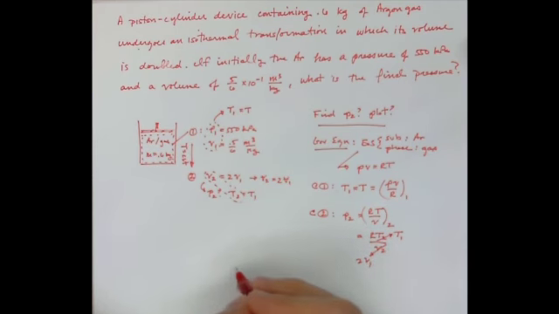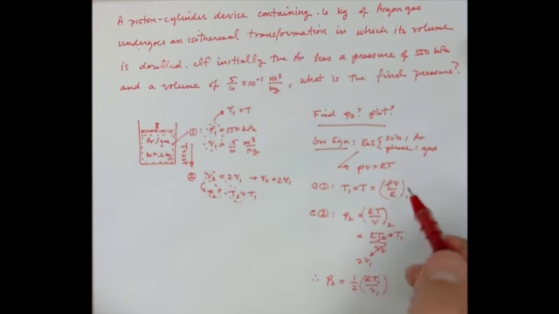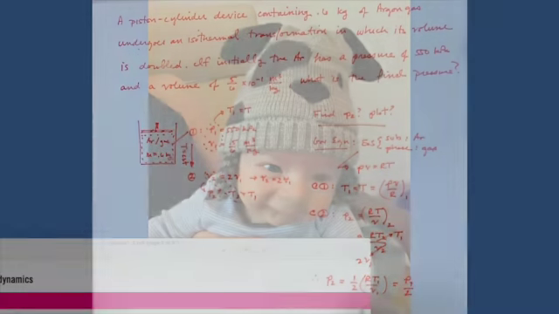So what I can say then is my pressure at 2 is going to be equal to 1/2 times RT1 on V1. Well, RT1 on V1, that is going to be P1. So all that I've done here is divide the pressure in half by doubling the volume, which makes a lot of sense, keeping the temperature constant.